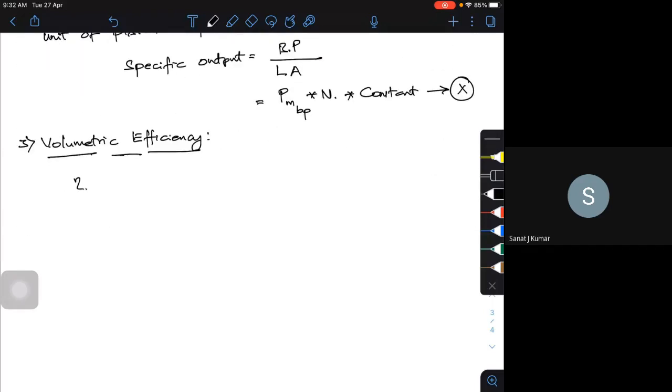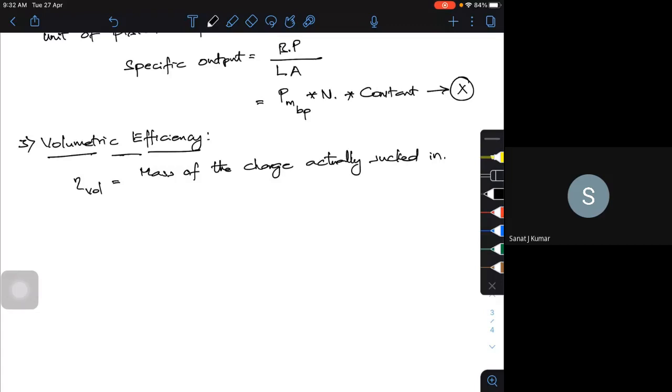Your volumetric efficiency is nothing but the mass of the charge actually sucked in by the engine.